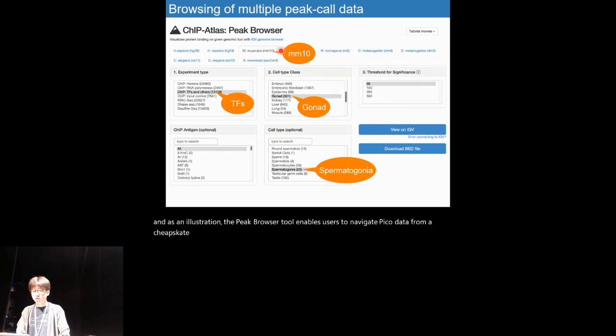By selecting genome assembly and cell types, and then simply pressing this button, all relevant ChIP-Seq datasets should be automatically loaded into Genome Browser, IGV. And then users can easily browse how different TFs bind to the genome.